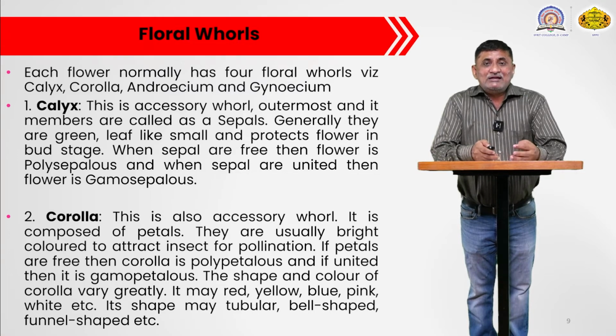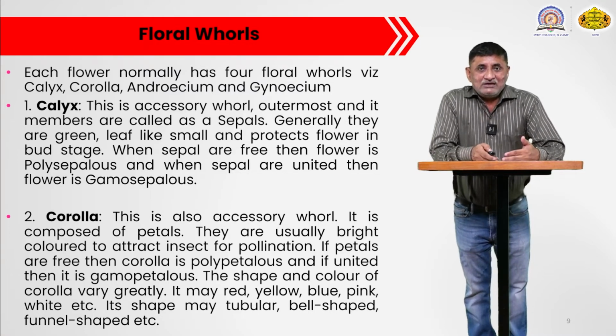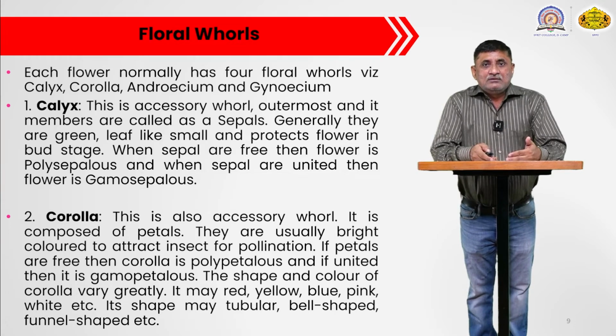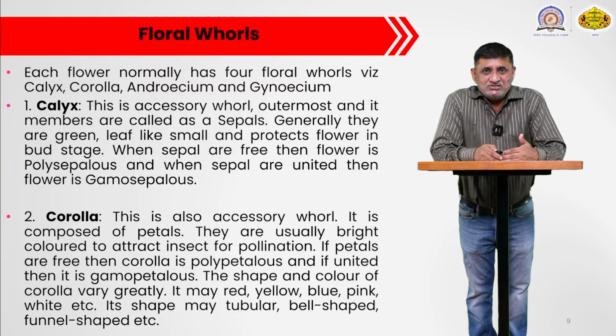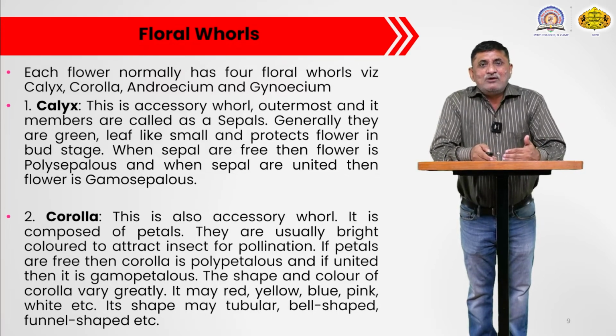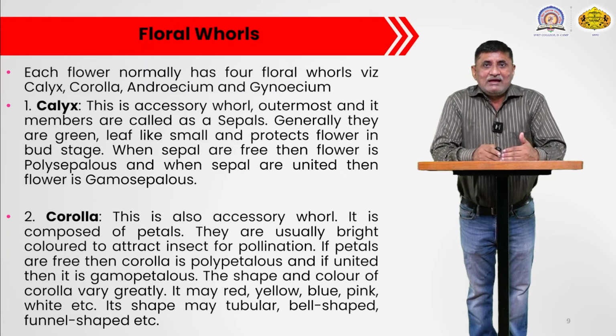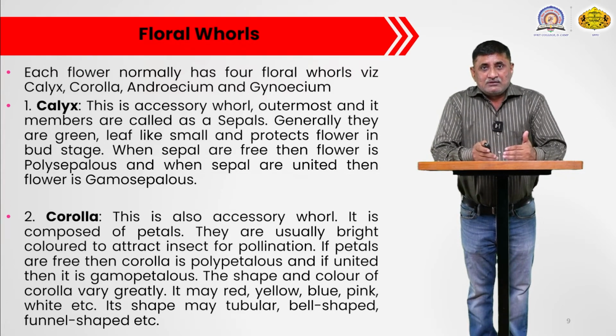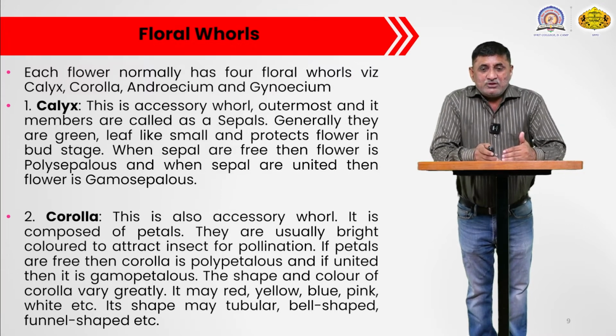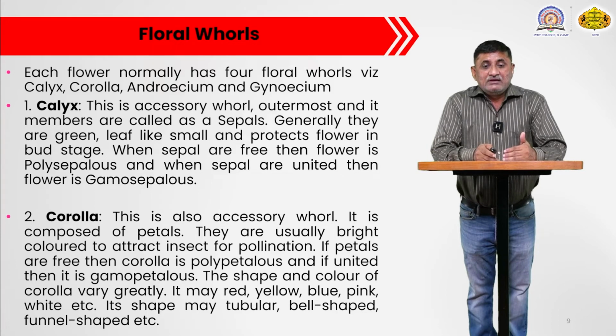They may be red, yellow, pink, blue, or sometimes white. There are a lot of colors of flowers we can see in nature. That coloring part of a flower is nothing but the corolla, and that corolla contains colored petals. Because of their attractive color, their function is the attraction of insects for the purpose of pollination.